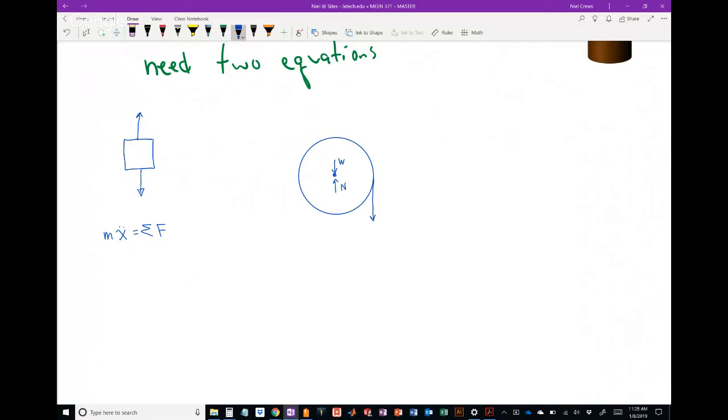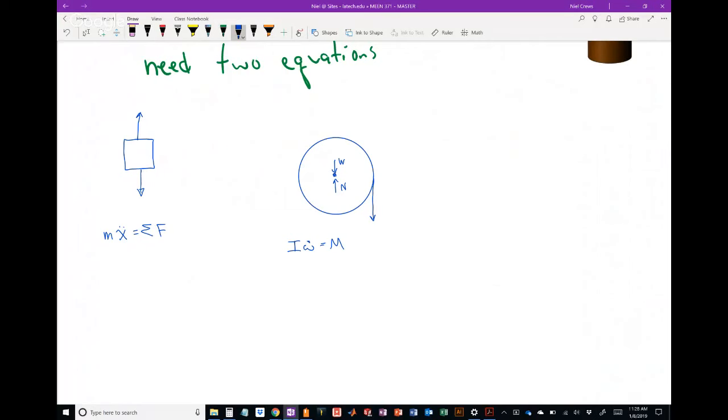Here it would be the sum of all the forces in x. Here it would be the sum of all the moments. So it would be I omega dot equals the sum of all M, which is the rotational equivalent of Newton's second law.